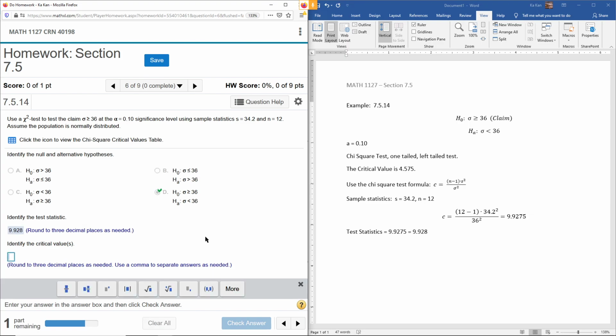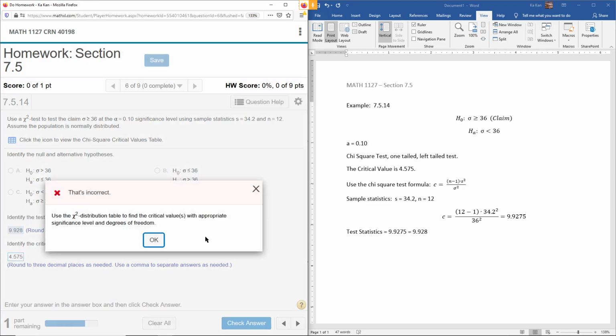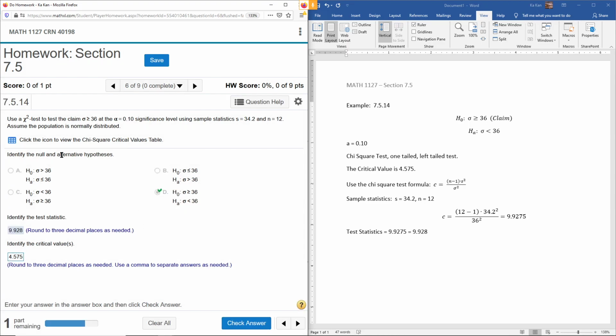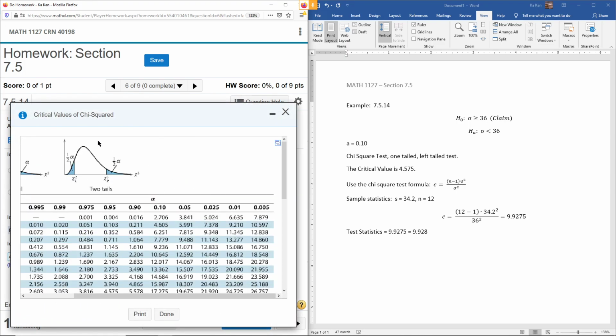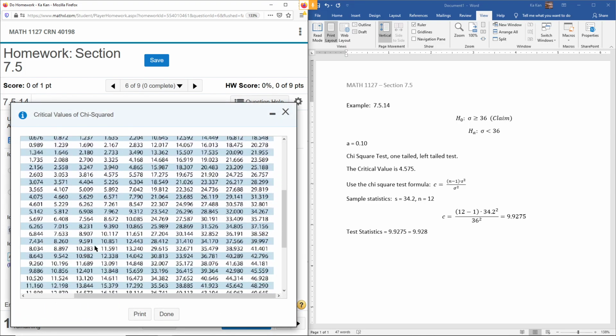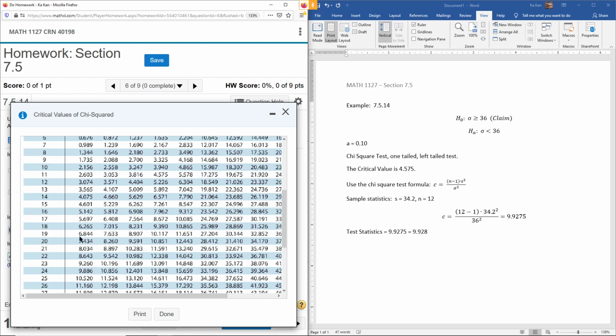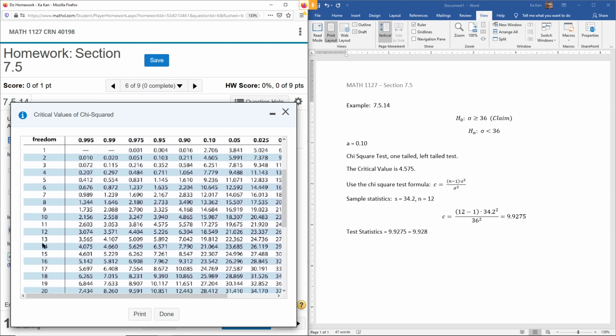You only have one critical value because it's a left tail test. It's not two-tailed. So the critical value is 4.575. Let me look at this just to make sure. So the degree of freedom is 11 and 0.9.